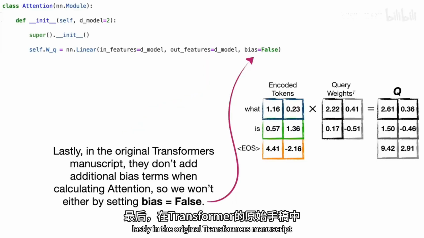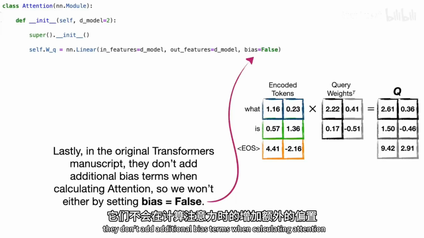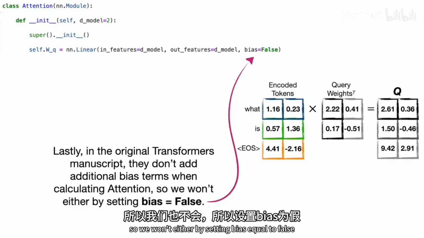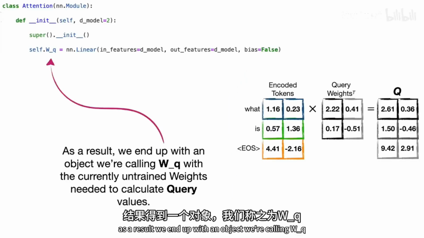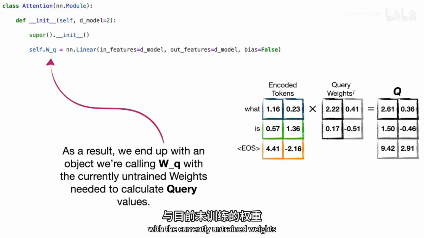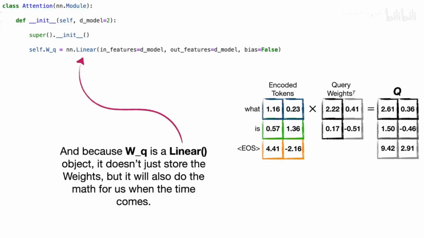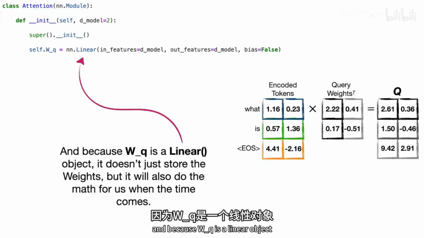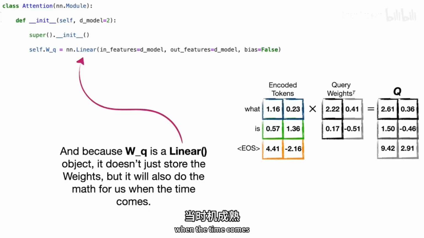Lastly, in the original Transformers manuscript, they don't add additional bias terms when calculating attention, so we won't either by setting bias equal to false. As a result, we end up with an object we're calling WQ, with the currently untrained weights needed to calculate query values. And because WQ is a linear object, it doesn't just store the weights, but it'll also do the math for us when the time comes.